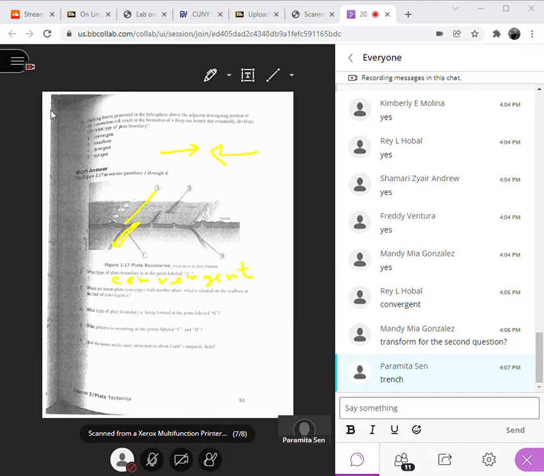What type of plate boundary is labeled at B? We just did this diagram at the beginning of the class.